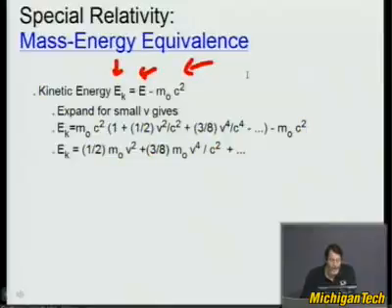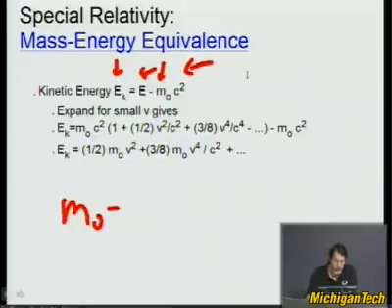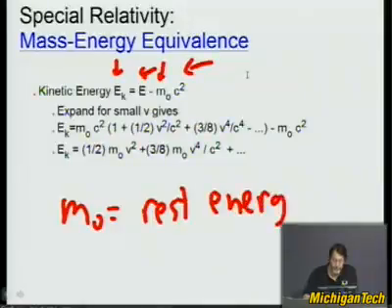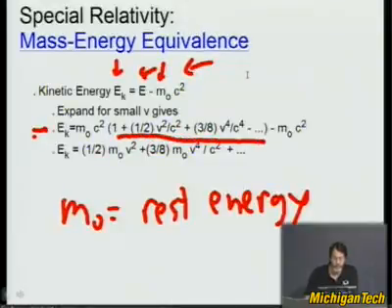So if you expand this, you can get the kinetic energy in terms of the rest energy, m0. m0 equals rest mass. I think I defined this in an earlier slide. And you can do an expansion of the square root of 1 minus v squared over c squared and say that kinetic energy is equal to mc squared times this long line of terms, which never ends.